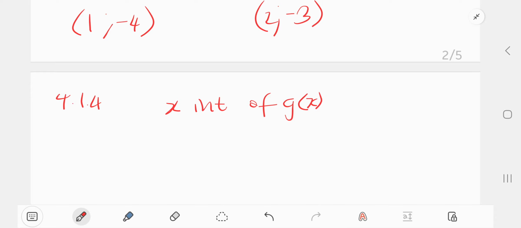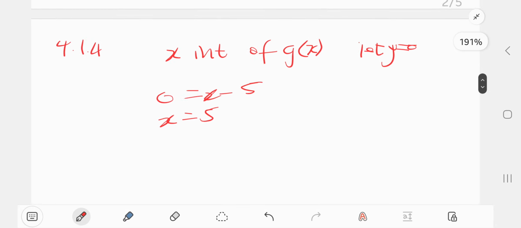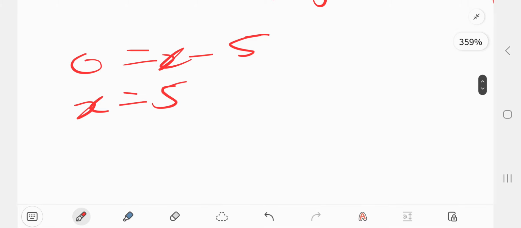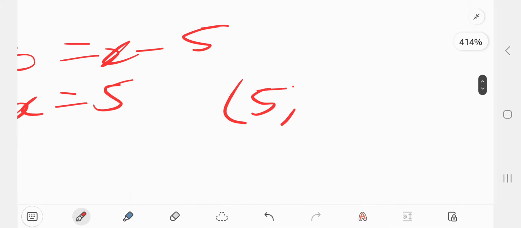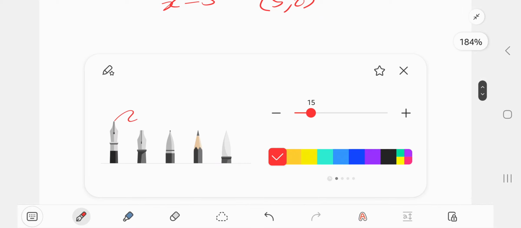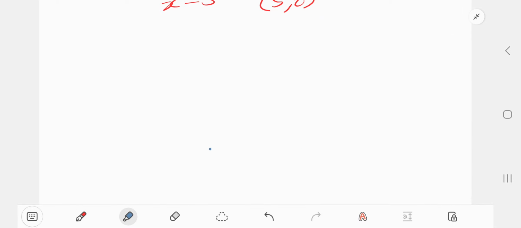You understand that at the x-intercept, we let y equal to 0, right? So 0 is equal to x minus 5, which means that x is equal to 5 at the point of intersection with the x-axis, right? So we have a coordinate 5 and 0, right? So now let's just draw our graph briefly.